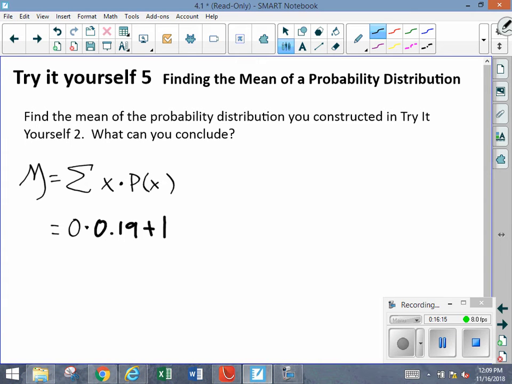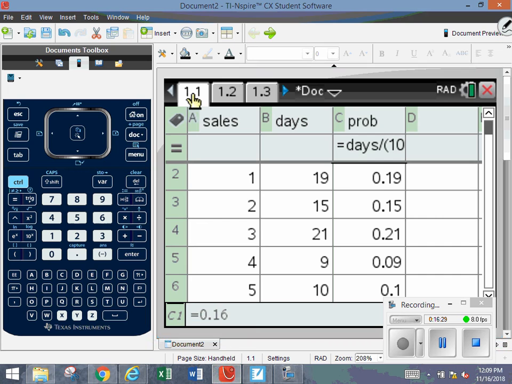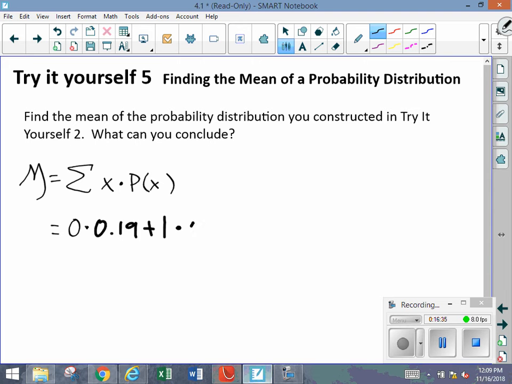Plus 1 times, what was the probability of him making 1 sale? 0.15? Thanks. Plus 2 times.